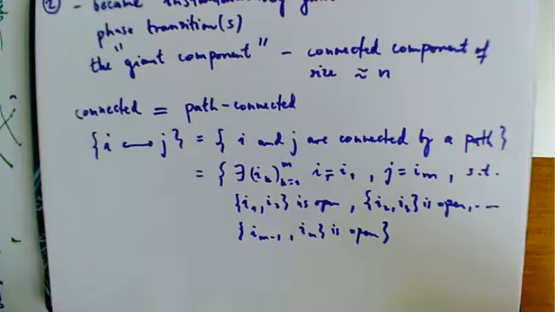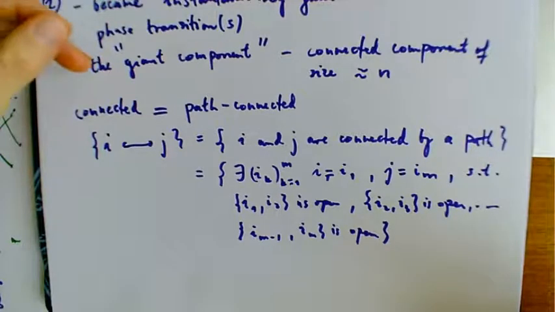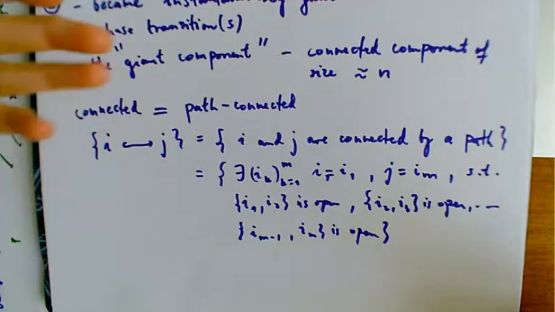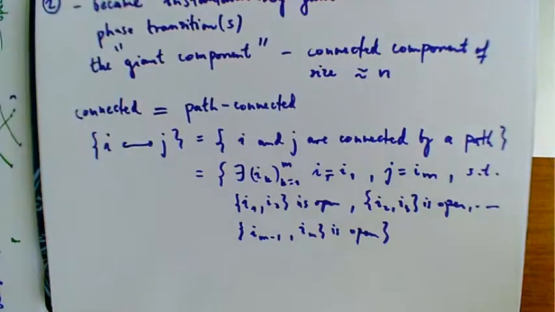And having a giant component just means, okay, so a connected component is the largest connected subgraph of this random graph, or of any graph. But here the graph depends on omega, so it's omega by omega that you are checking this. You're checking how many connected components there are and what size they are.